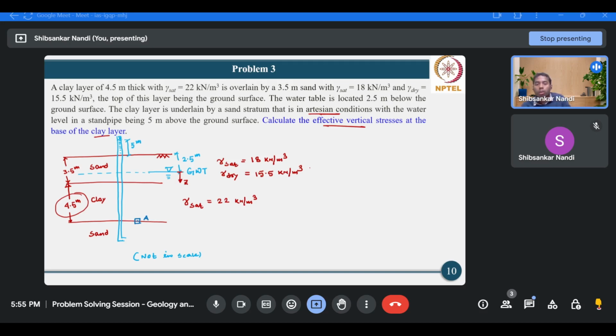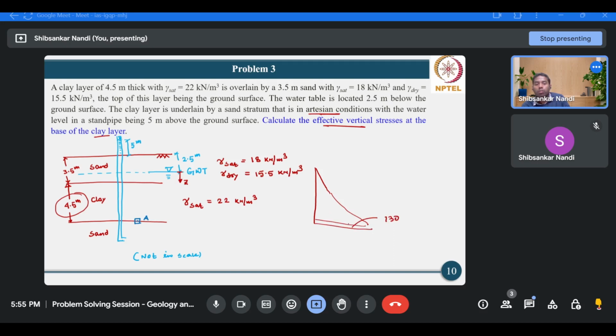Okay, so if we draw the pore water pressure distribution, I think this value will be more than 55, so this will be 130.